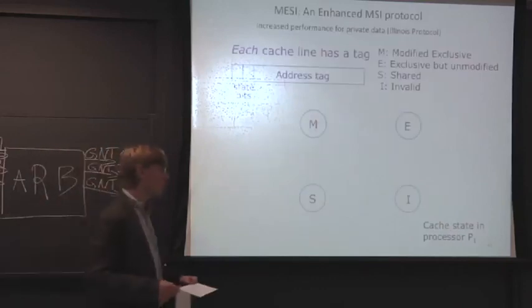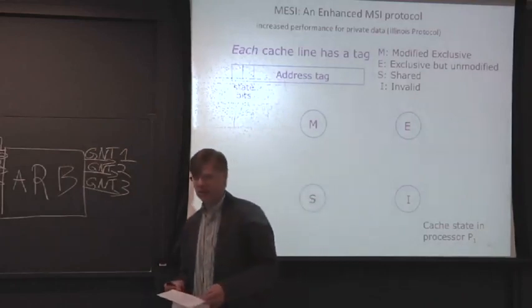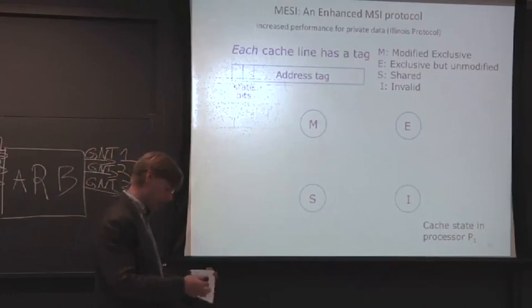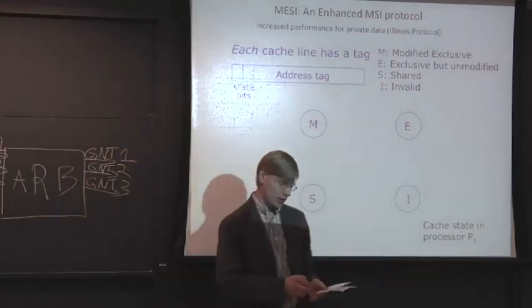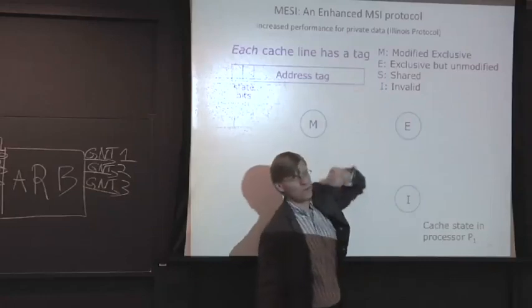And the first one we're going to look at is called MESI. Sometimes people call this the Illinois protocol because it comes from the University of Illinois and Janak Patel's research group. It dates back to 1984, and there are 4 states.